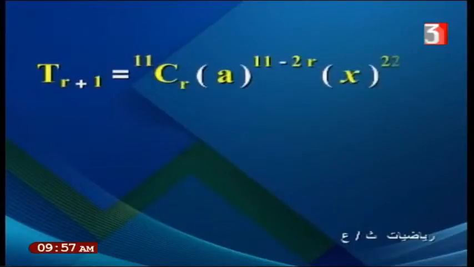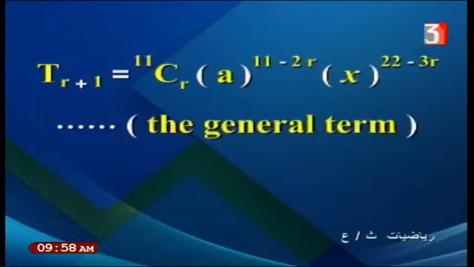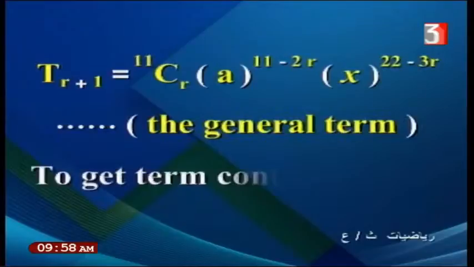Therefore, the answer became 11 C r, a to the power 11 minus 2r, x to the power 22 minus 3r. This is called the general term.